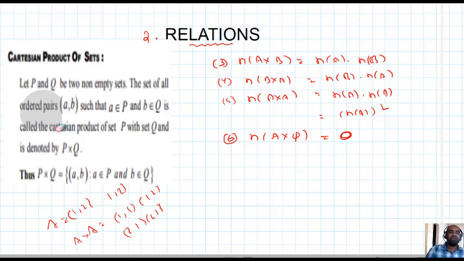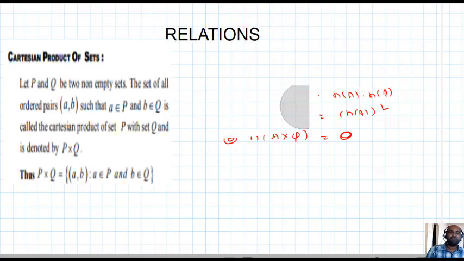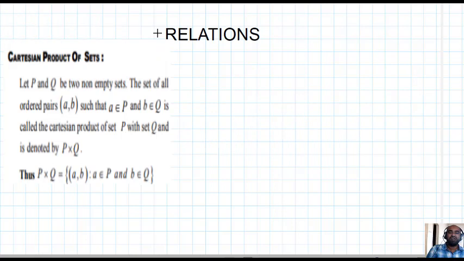This is the Cartesian product of two sets. Okay. Ordered pair completed, Cartesian product concept completed. Sometimes ordered triad: for example, 3 real numbers separated by commas and enclosed by small brackets is called an ordered triad. So sometimes by using 3 sets you can make ordered triads.